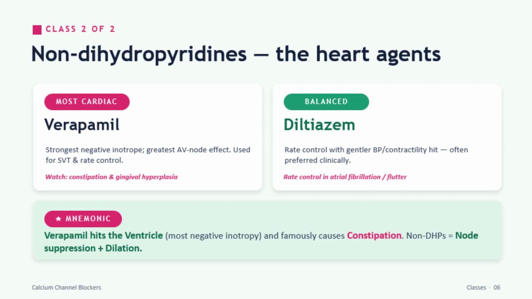It hits the heart hardest, and here is a quirky one students love. Verapamil hits the ventricle and causes constipation. Both V and D are also class 4 antiarrhythmics, meaning we use them to control heart rate. 2 drugs, that is all. You have got this.